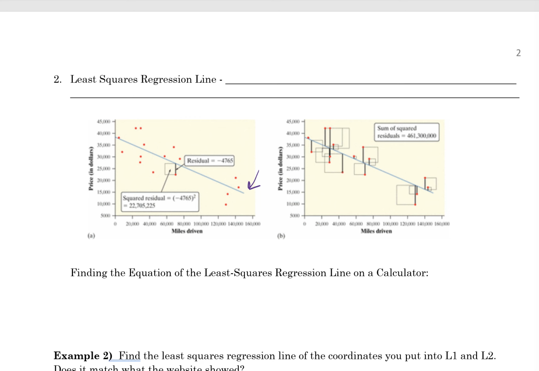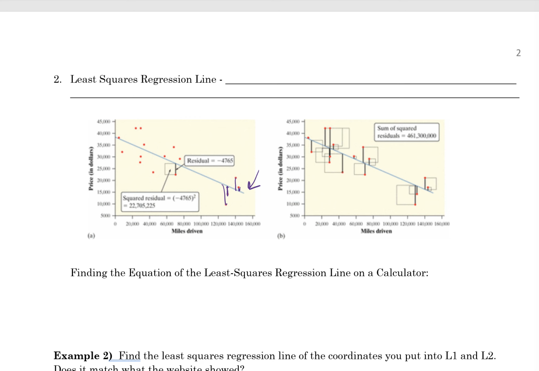To get the best line for the data, what you do is you calculate the residuals of all of the points on the scatter plot. So they showed you one residual here, here's another residual, here's another residual. And the line that is the best fit for the data is going to attempt to minimize the amount of residual. The way that they do that is they find all of these residuals and they square them.